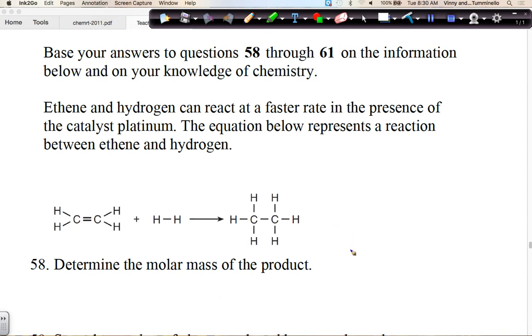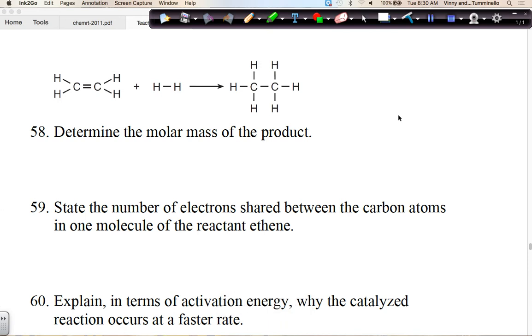The molar mass of the product is going to be found the way that we find the molar mass of anything. We are going to do C2H6 because that's what you get when you add it up.